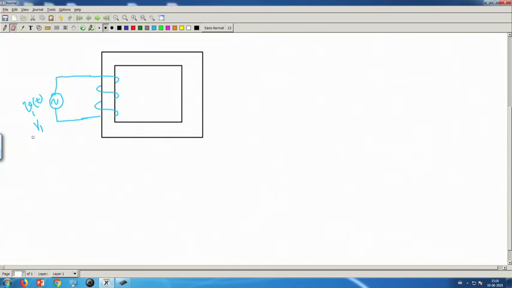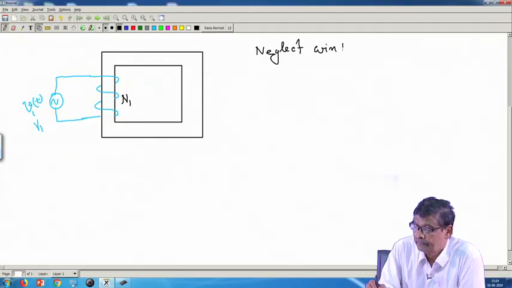V1 is the RMS voltage, and suppose the number of turns of the coil is N1, and this is the core of the material. See, it is a time varying current, and also we neglect winding resistance.